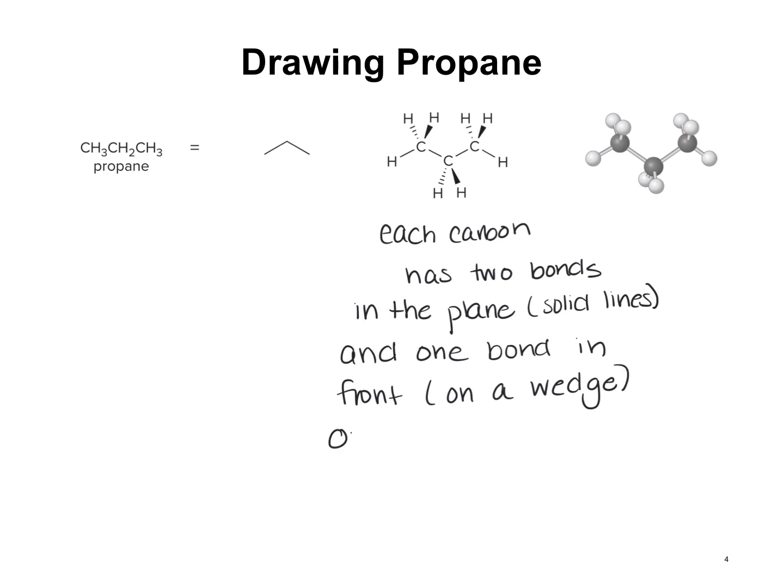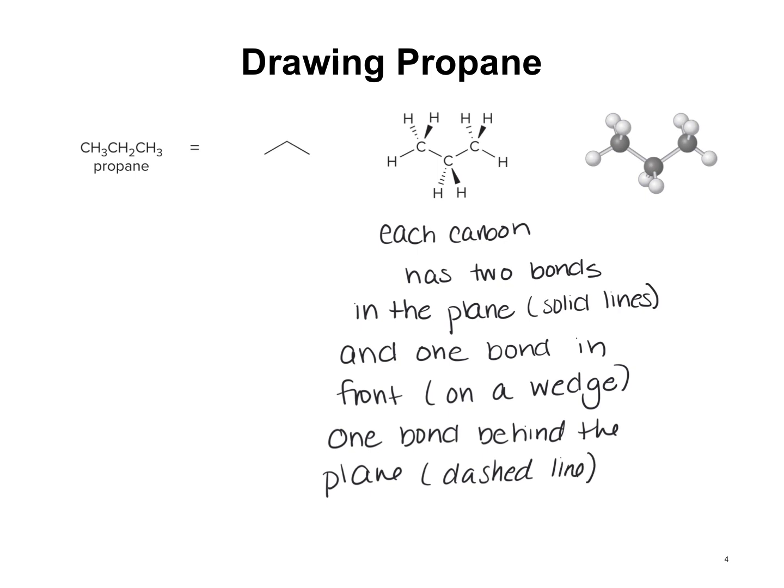And then 1 bond behind that plane, which is on that dashed line.